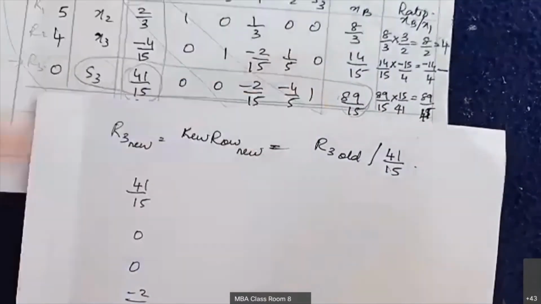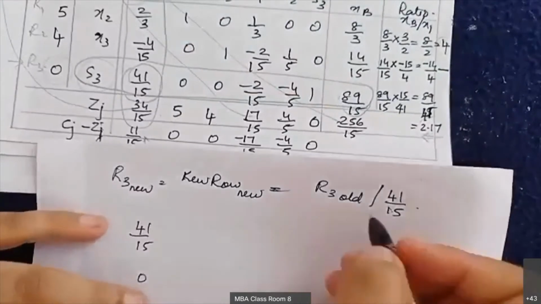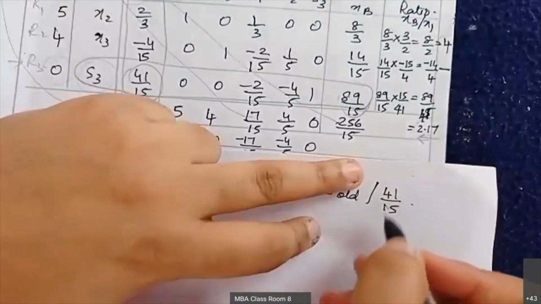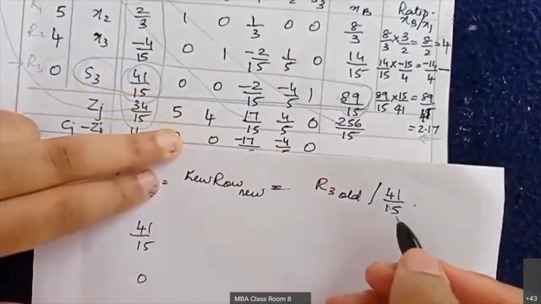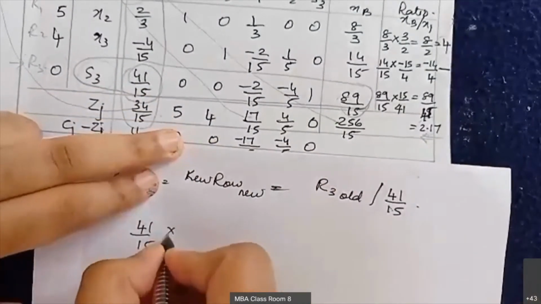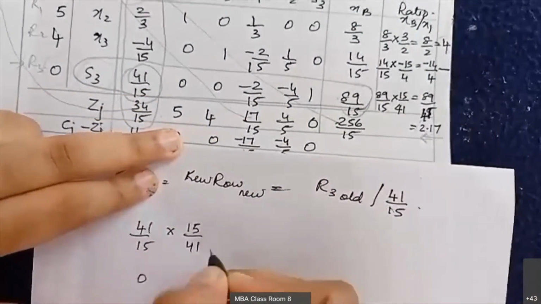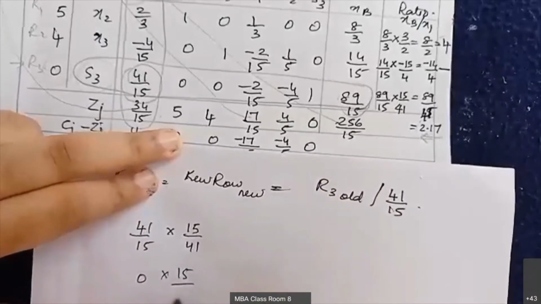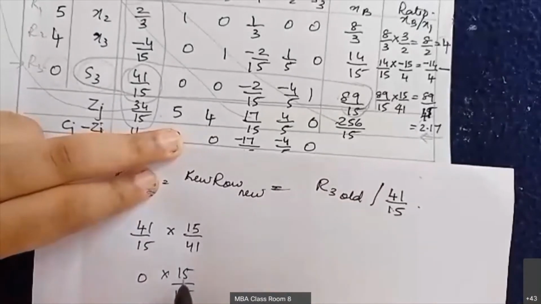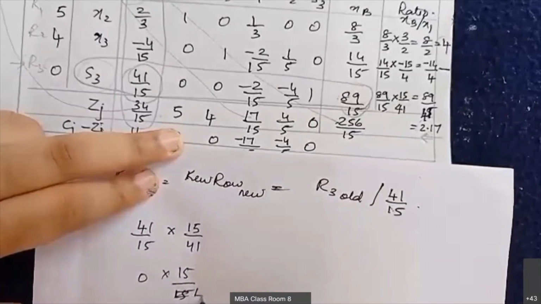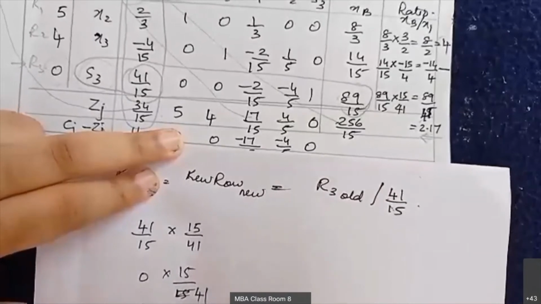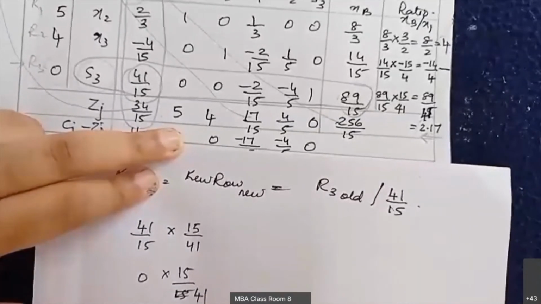Now I have to divide it by 41 by 15. Instead, I can do the reverse multiplication, that is, multiply by 15 by 41. I am multiplying everywhere by 15 by 41.